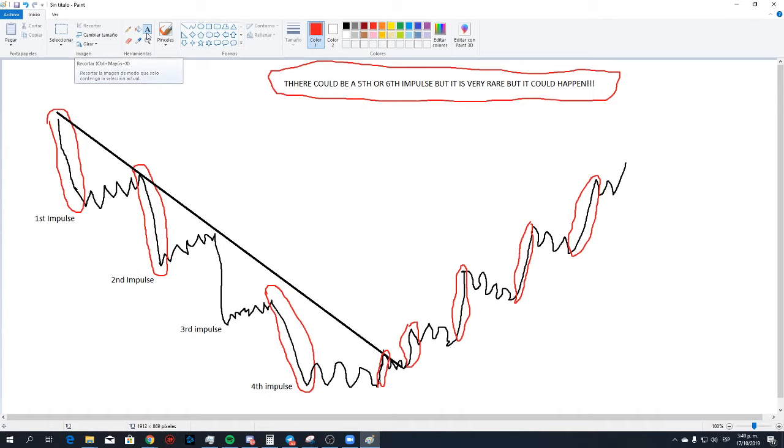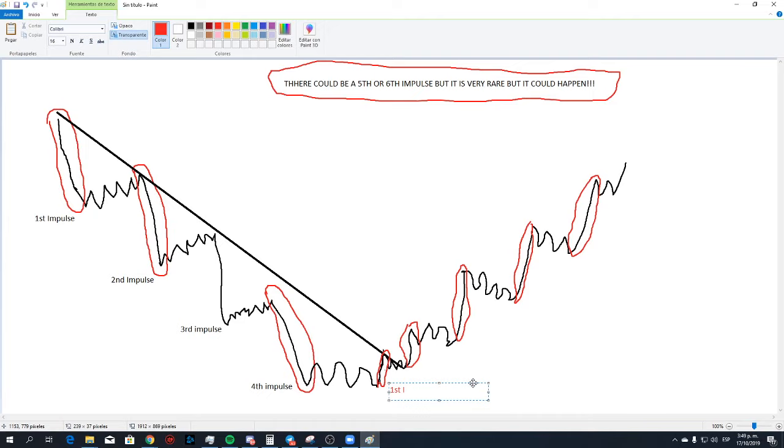This is our first impulse, second impulse, and this would be our third impulse, fourth impulse, and our fifth impulse, right?